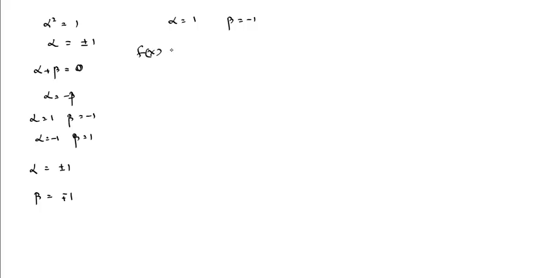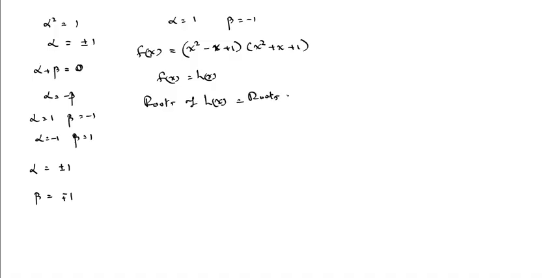So you can take f(x) as (x squared minus x plus 1)(x squared plus x plus 1). Now since f(x) equals h(x), the roots of h(x) equals 0 should be equal to the roots of f(x) equals 0.